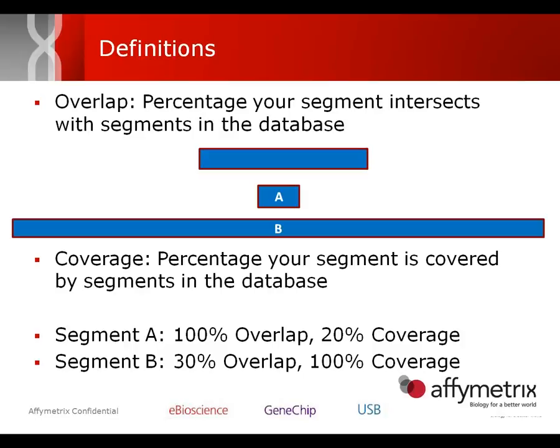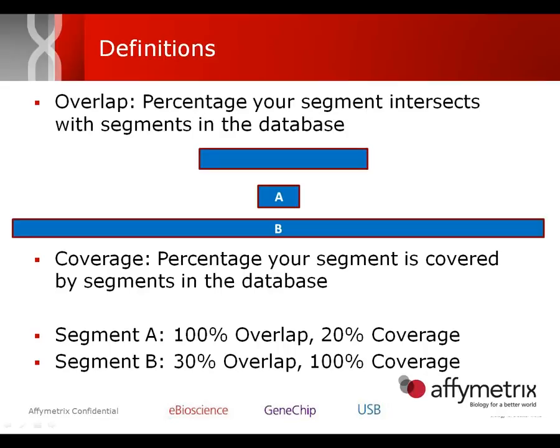So we're going to use something we call overlap, as well as coverage, in order to bring back samples of relative size instead of bringing back a whole chromosome or whole arm, which may not be applicable to a segment of this size.